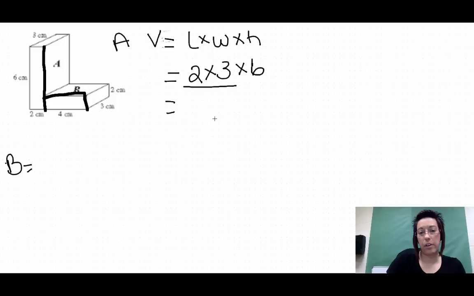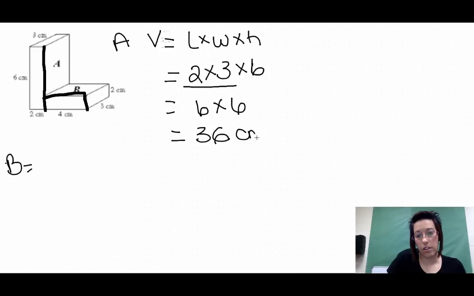Step by step. 2 times 3 is 6. Copy down. 6 times 6 is 36. Our units are centimeters. And we cube them because it's volume.